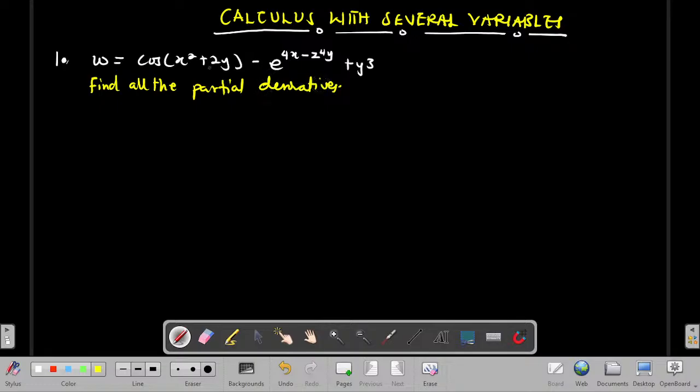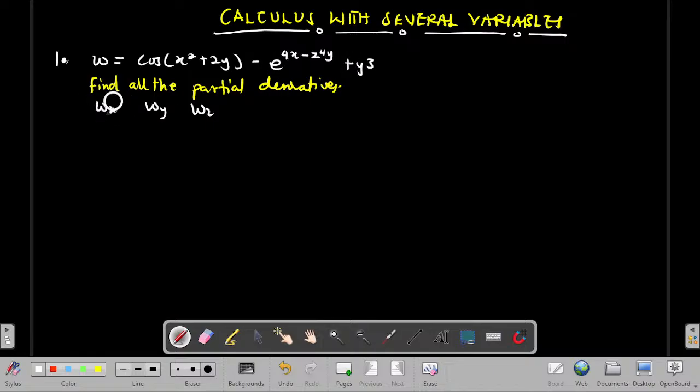When you come to partial derivatives, one thing that confuses students a lot is that I have x, I have y, I have z, and all that. How do I differentiate independent of each other? Anytime you're asked to find the partial derivatives, for this one you're going to find w sub x, w sub y, and w sub z, because we've got three separate variables.